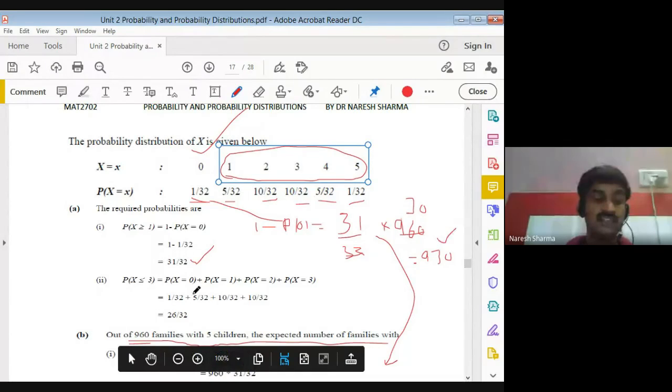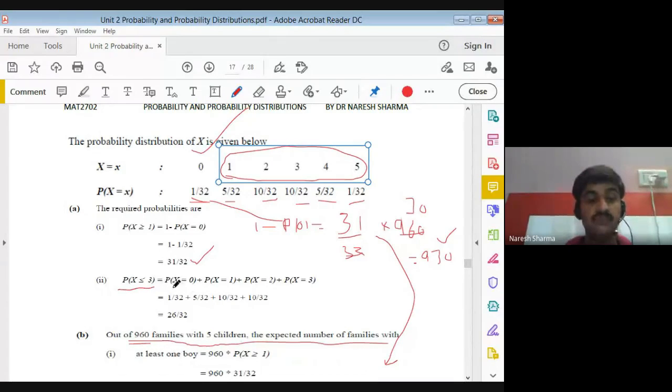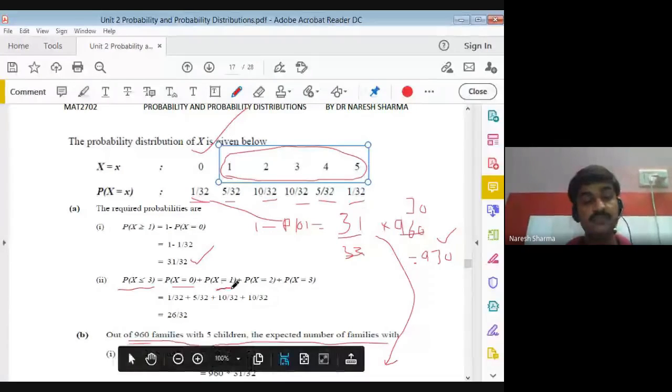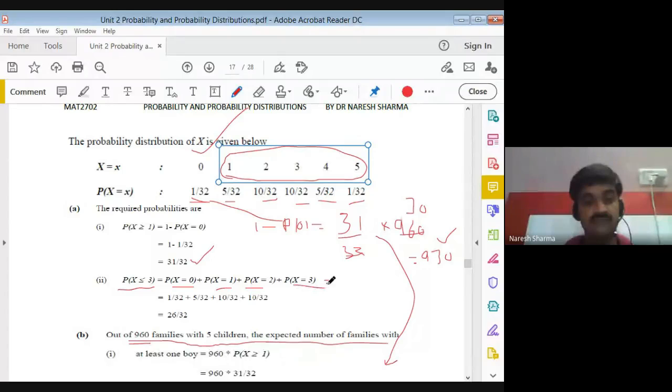The second part says at most 3 boys out of 5. At most means maximum. That means the probability at 0, plus 1, plus 2, and maximum 3. We may do two things here. You may add all these four, which are already calculated in the table.